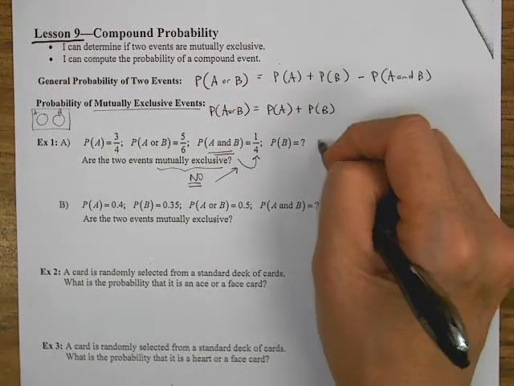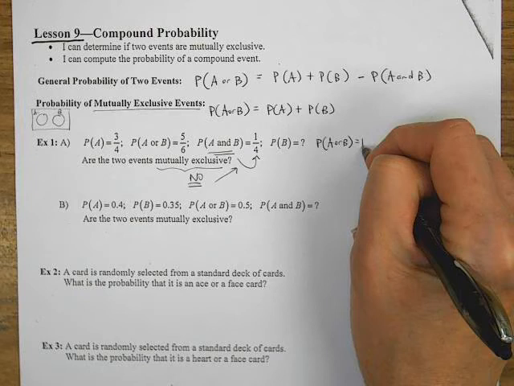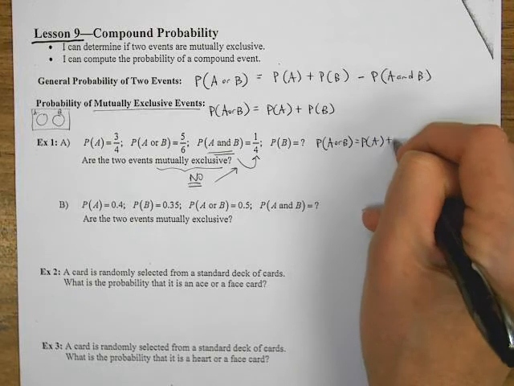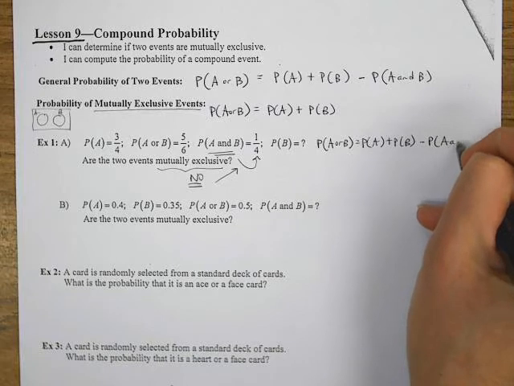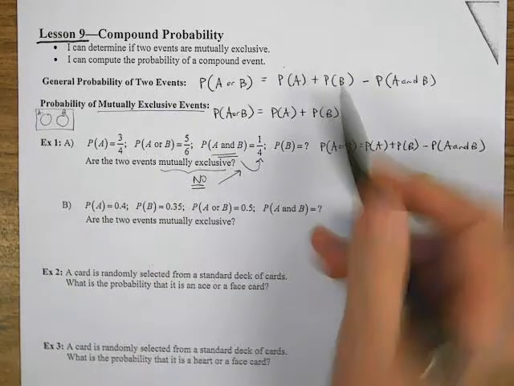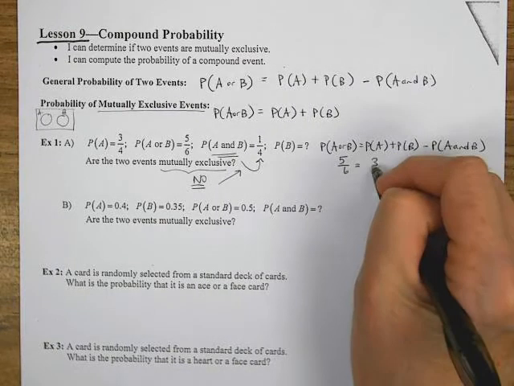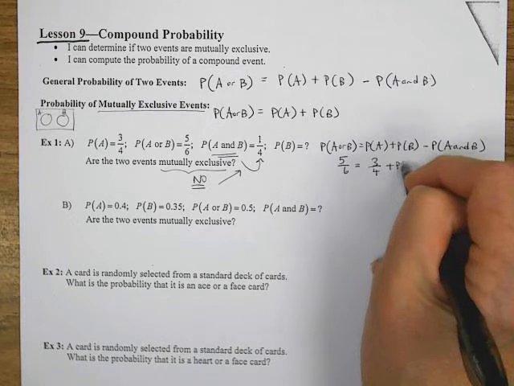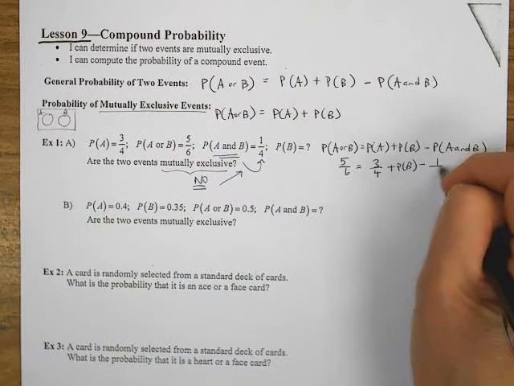So let's use our formula above. Probability of A or B equals the probability of A plus the probability of B minus the probability of A and B. Let's fill in what I know. A or B is 5/6. The probability of A is 3/4. I don't know the probability of B, and I know A and B is 1/4.